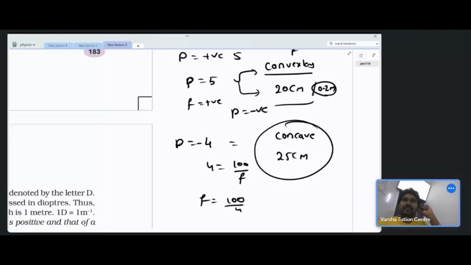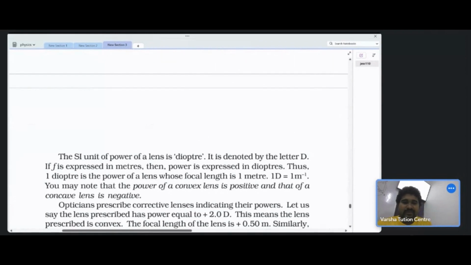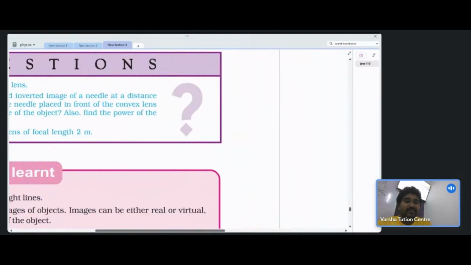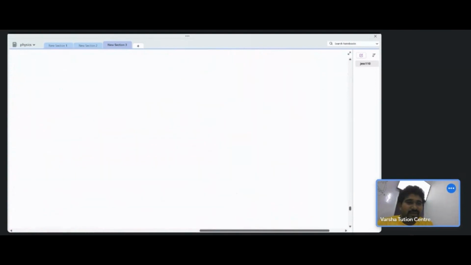Okay, one more thing is there. We'll finish that and I'll do the problems. Suppose combination of lenses. I'm combining them like this. One lens whose focal length is F1 and whose power is P1, I'm combining with another lens of focal length F2 and power P2.